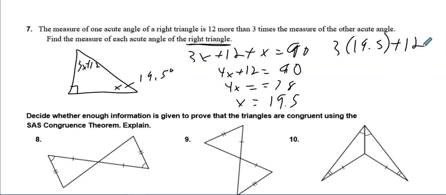So 19.5 times 3 is 58.5. And then if you add 12, you get 70.5. So this angle here is 70.5 degrees.